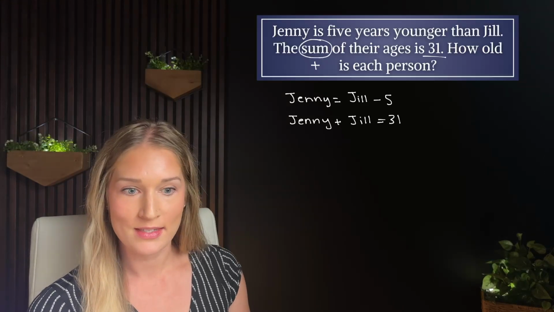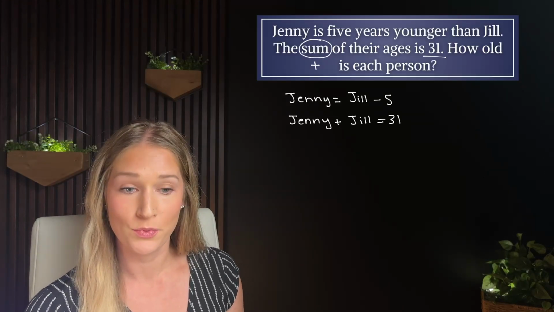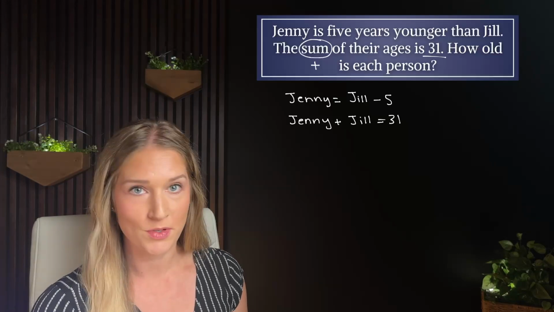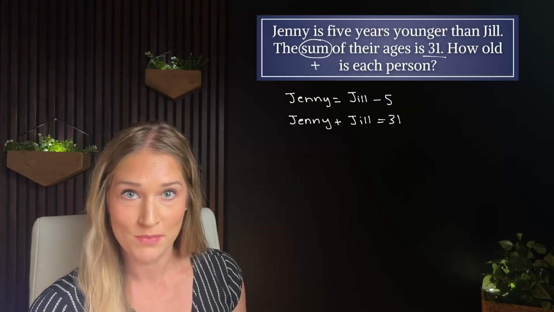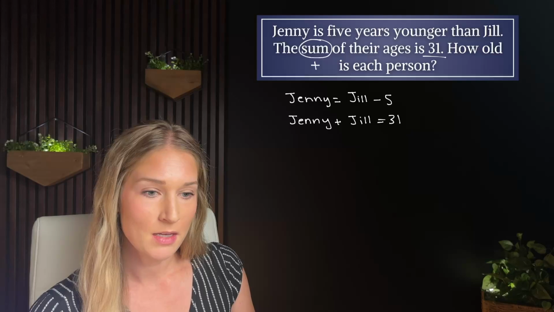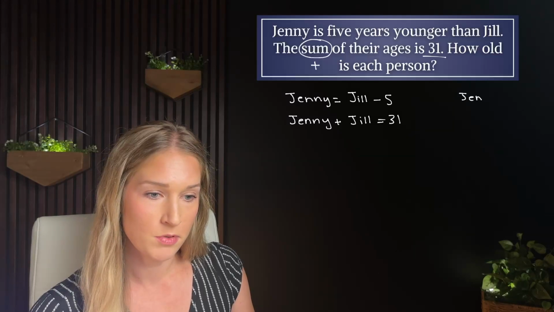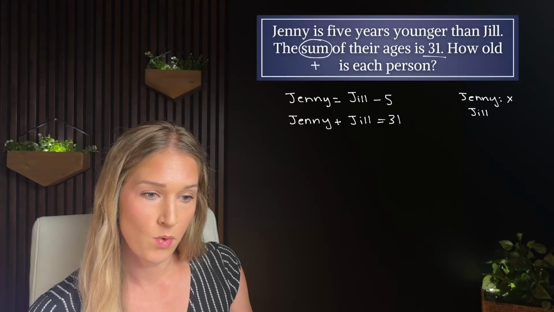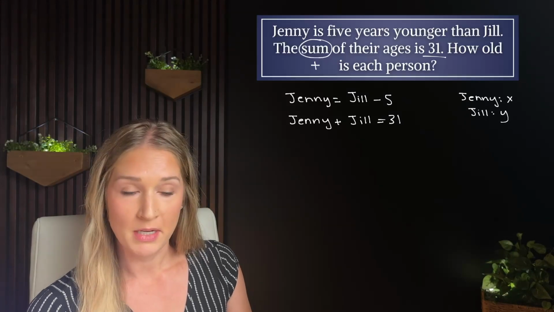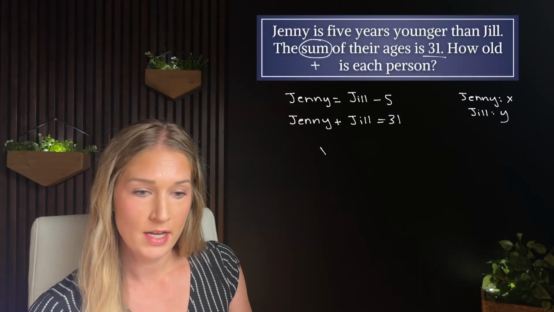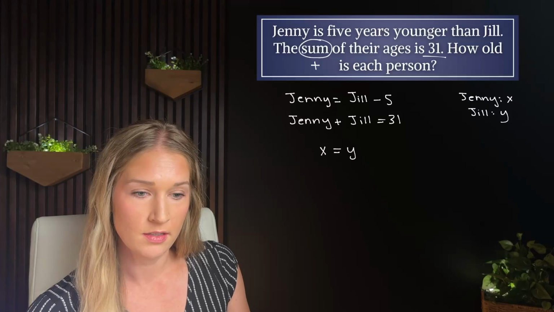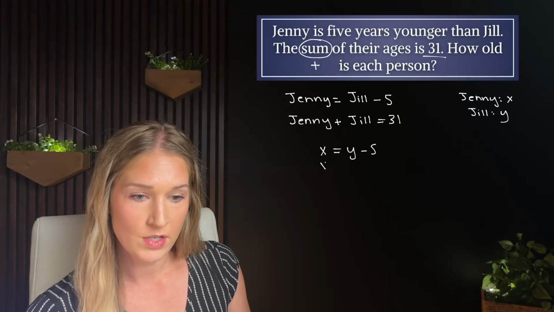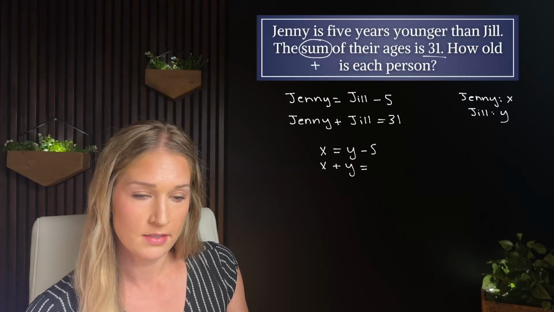So to do this, let me go ahead and rewrite these using some sort of variable instead of Jenny and Jill. It'll just make it easier to work with. So maybe over here to the right, I'll label Jenny as X and Jill as Y. Then my two equations become Jenny equals Jill minus 5, and Jenny plus Jill is 31.